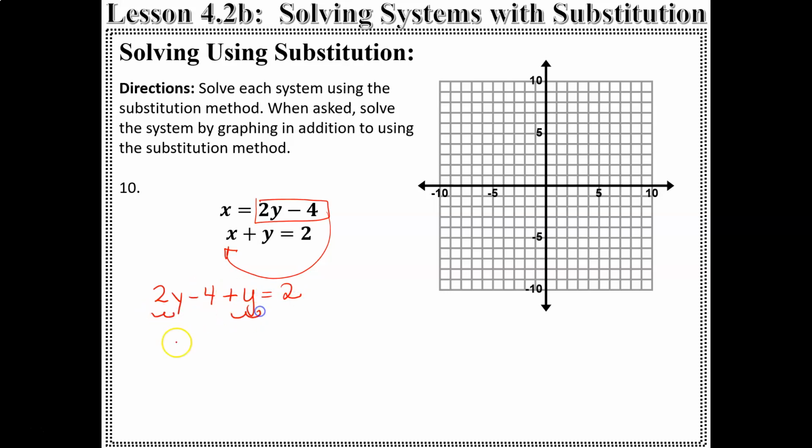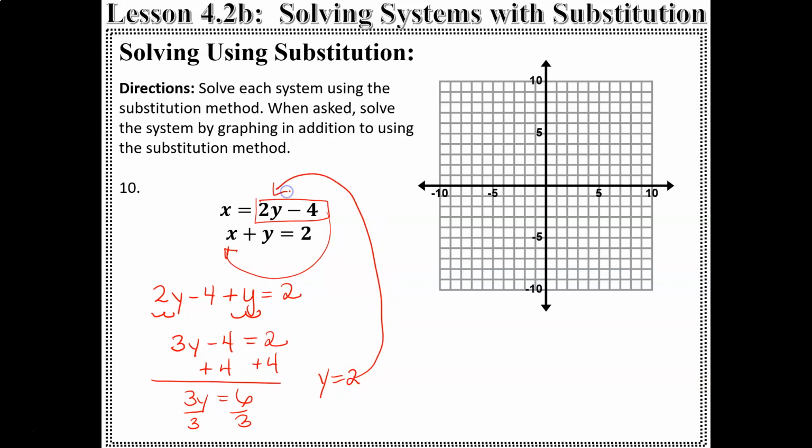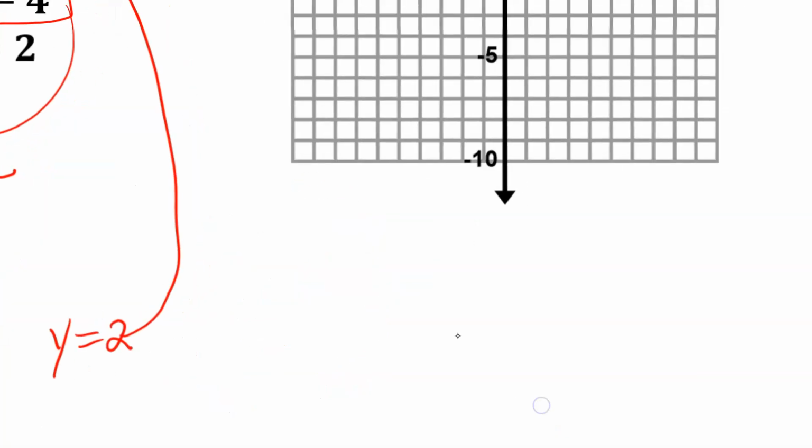When I combine my y's, I have 3y minus 4 equals 2. I'm going to add 4. So I have 3y equals 6. And when I divide by 3, I have y equals 2. Make sure that you plug it in for the y and not the x, because you found what y is equal to.